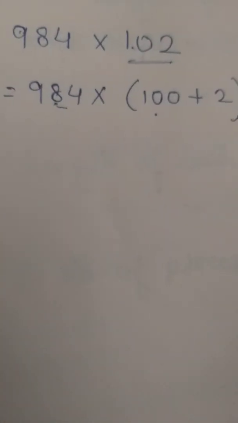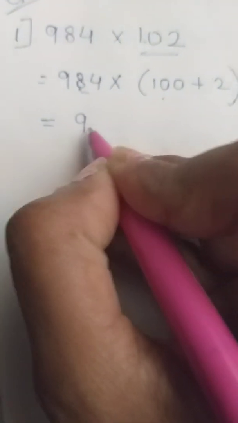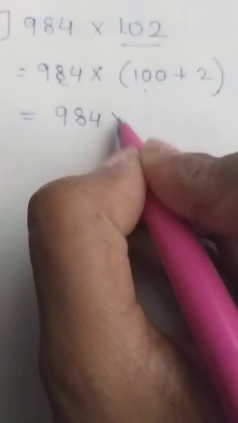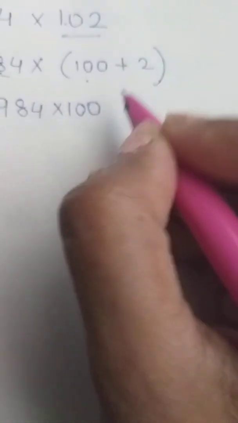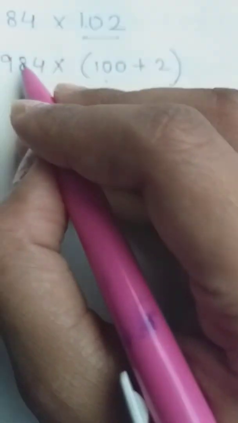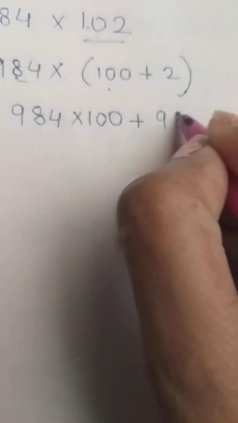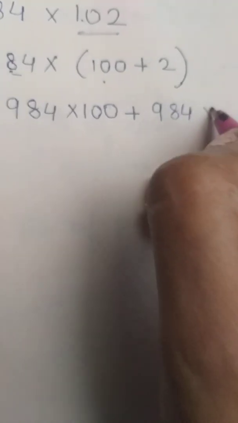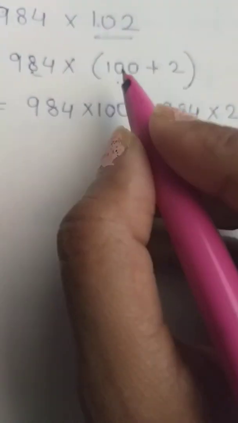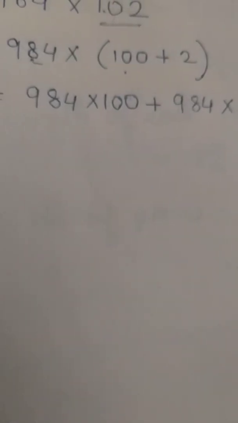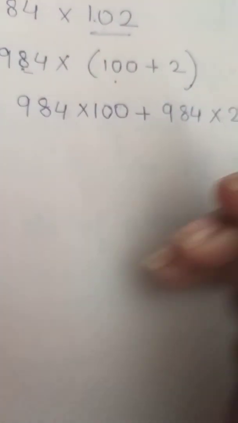So 984 multiplied by 100, then this plus sign, again 984 multiplied by 2. Okay, so hope this is clear, 984 multiplies both the numbers.